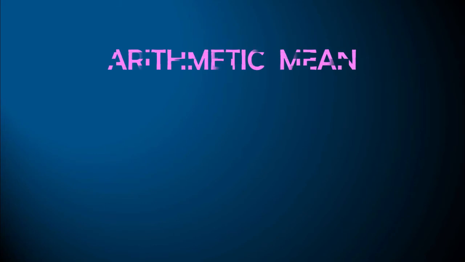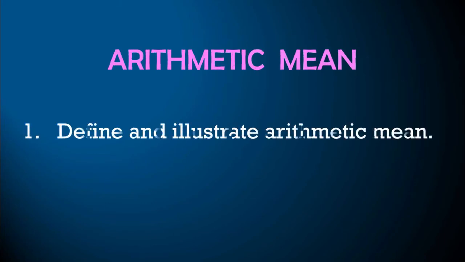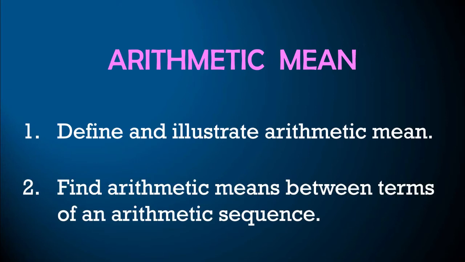Now let's go to the next topic, arithmetic mean. For this topic, we will define and illustrate arithmetic means and find arithmetic means between terms of an arithmetic sequence. Now recall, find the average.